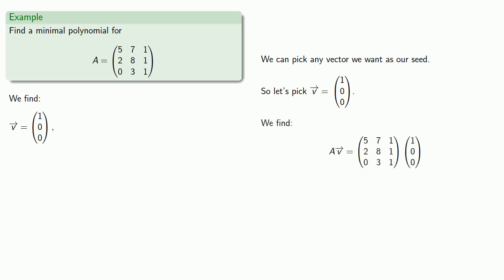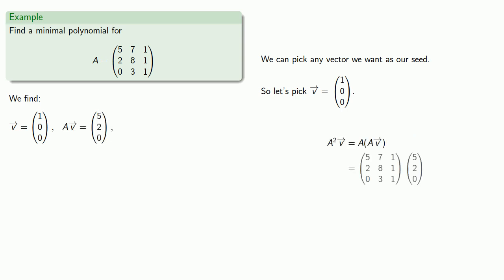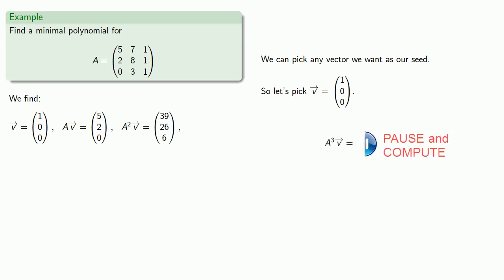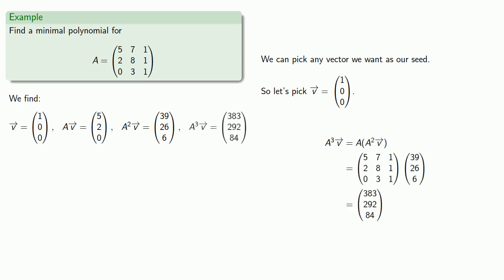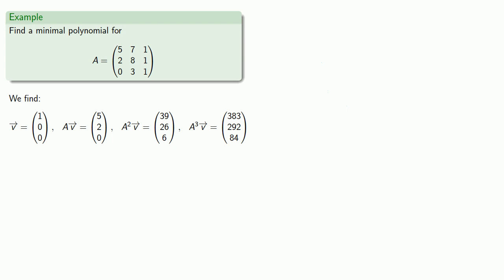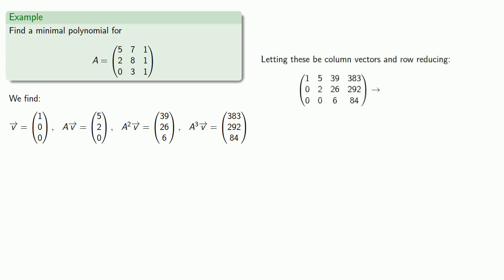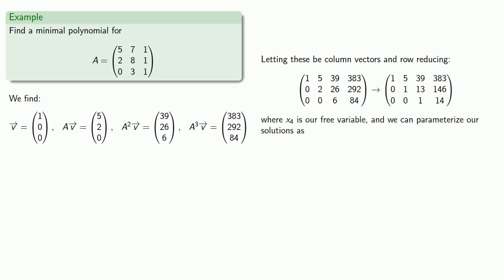So we find Av, A squared v, A cubed v, and letting these be column vectors and row reducing, we find that x4 is our free variable, and we can parameterize our solutions.